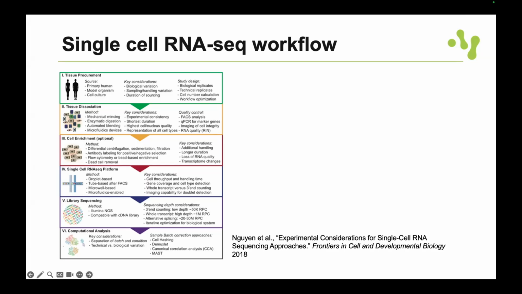And then you come to the single cell RNA-seq methods, and those could be droplet based, FACS sorting, microwell based, and different ones. I will talk more about these in the coming slides. Once you have done the single cell library preparation, you will sequence, and most often it's short read sequencing, but nowadays some long read options also exist.